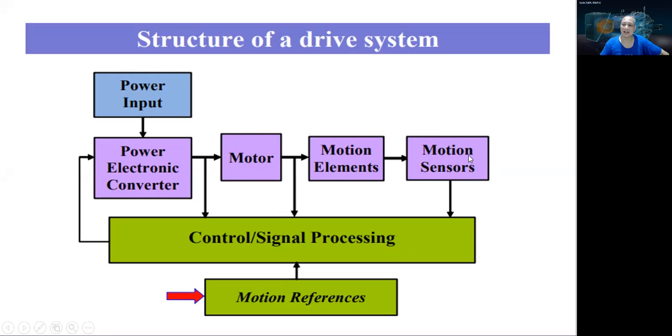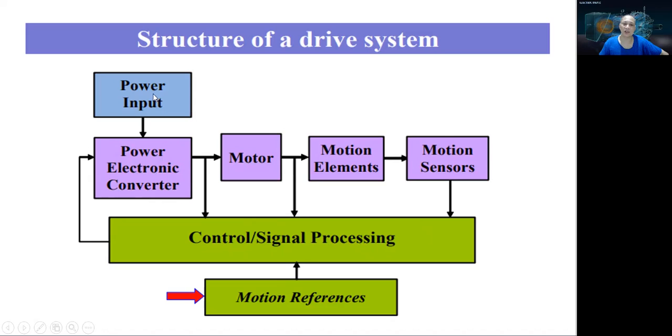These sensors are then fed back to the system that will also drive that motor as a consequence of monitoring the output result. This control or signal processing is the one that will drive the motor again through some power electronic converter, of course.